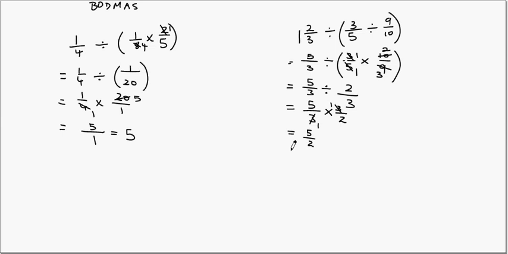But normally when you end up with an improper fraction like this, we convert it to a mixed number. So to convert 5 over 2 to a mixed number, you say 2 into 5 is 2, 2 2s are 4 and 1 remainder to make the 5. So it will be 2 and 1 over 2.